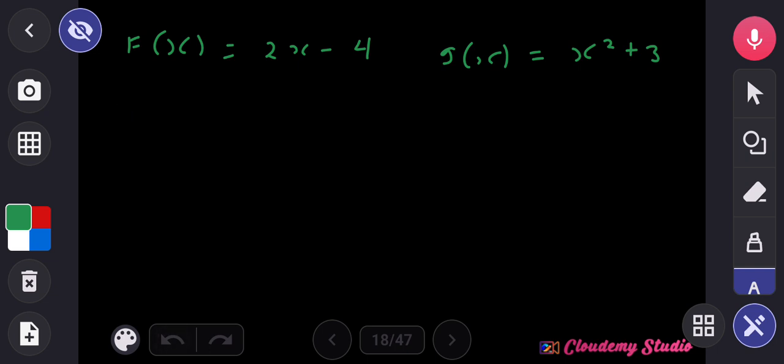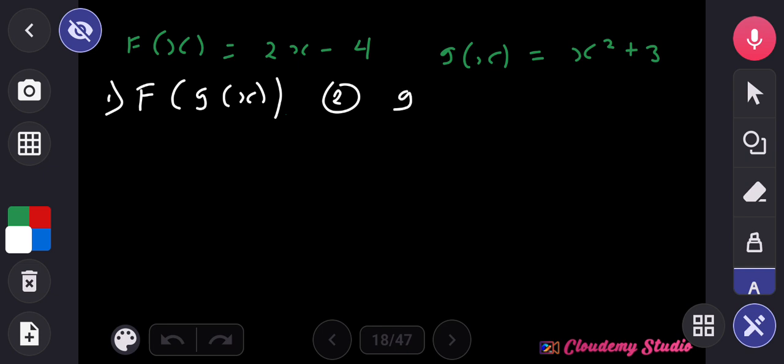Let us say we are looking for f of g of x. Let's say that's our question number 1. And our question number 2 is g of f of x.